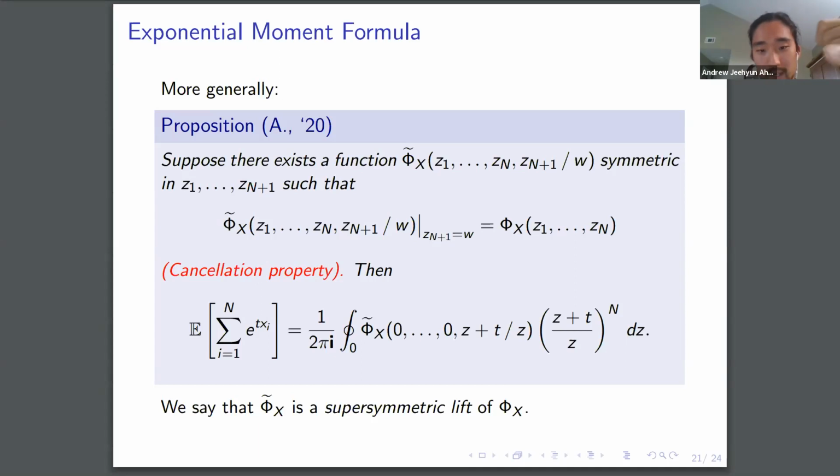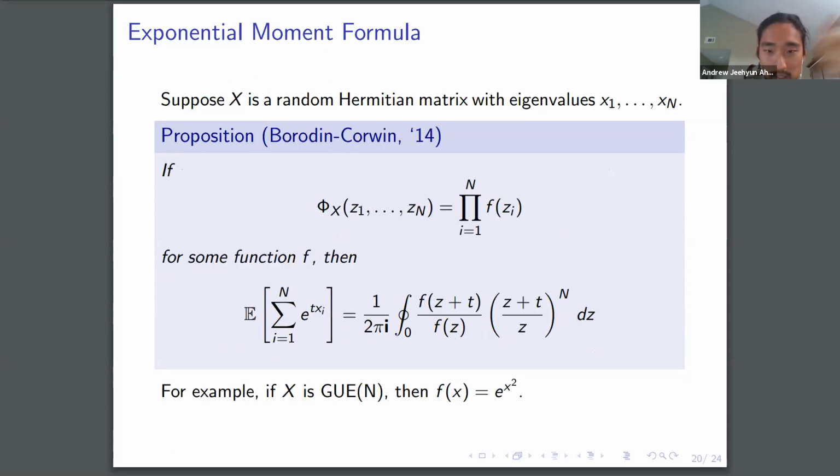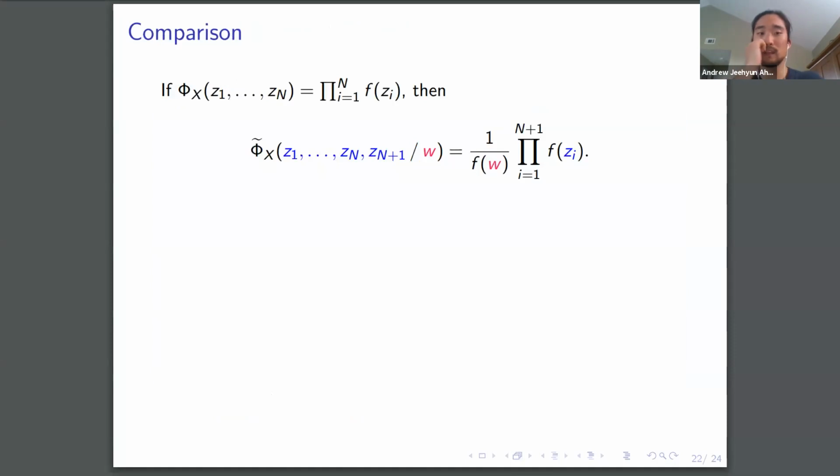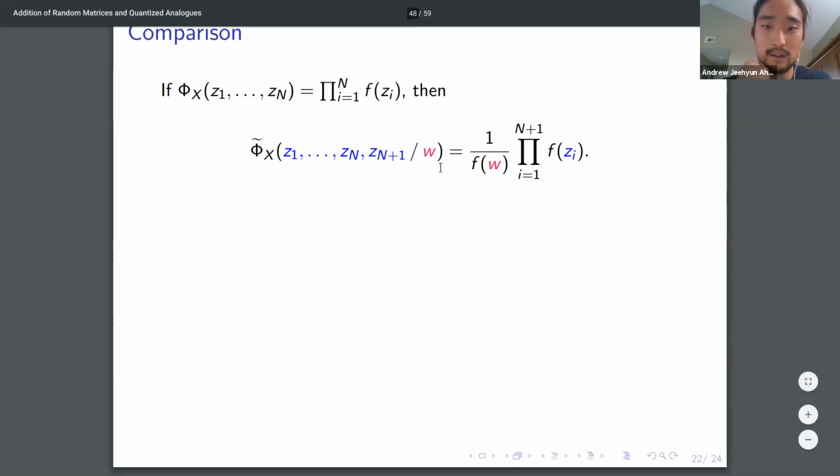So let me try to give some further explanation of how this result degenerates to this result here from Borodin and Corwin. Okay, so let's see that this happens. So if phi x Z1 through Zn has this multiplicative form, then you can check that a supersymmetric lift of this phi x is given by the following.